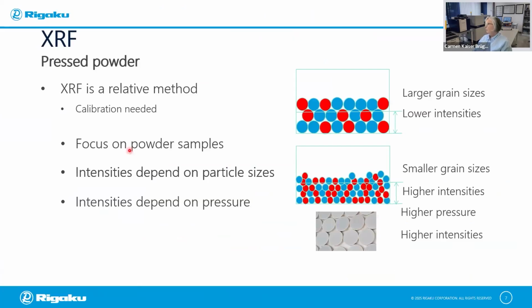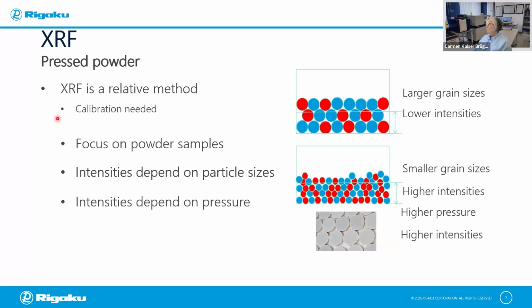So let's talk a little bit about a pressed powder. If we use a calibration method, we need a calibration with calibration standards. Because XRF is a relative method, we need to match the standards and the unknowns very much the same.